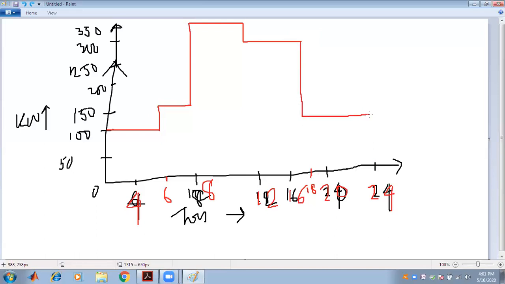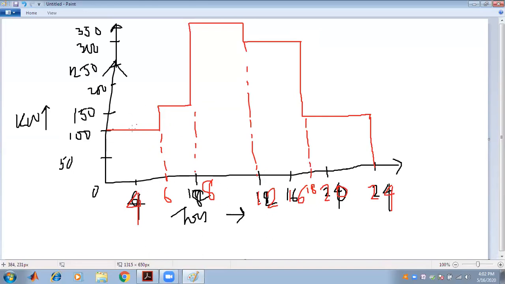So we can find the total area under the graph. It is from 18.